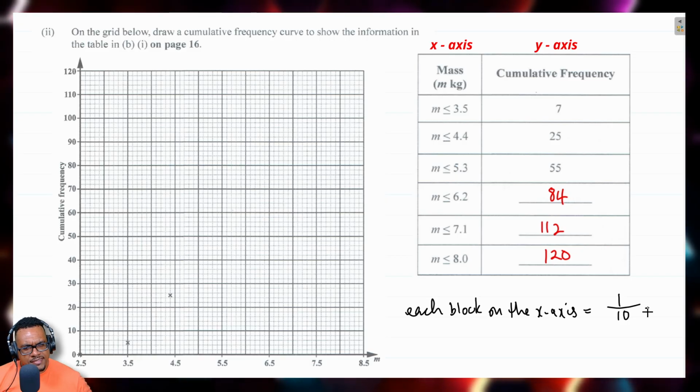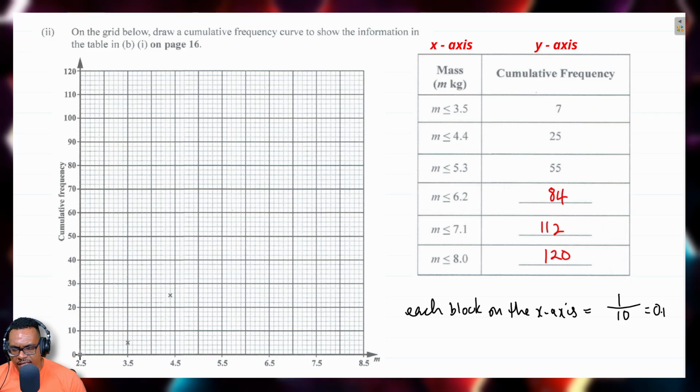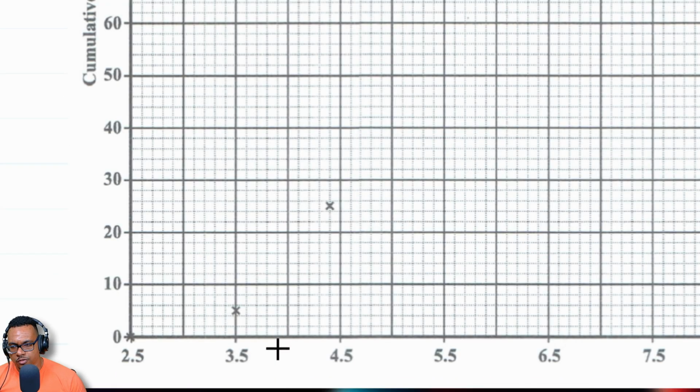And 1 divided by 10 is 0.1. Therefore, on the x-axis, each little block will be 0.1. So when we come here now, we are 3.5, 3.6, 3.7, 3.8, 3.9, 4, 4.1, 4.2, 4.3, 4.4. And that's why 4.4 is here.